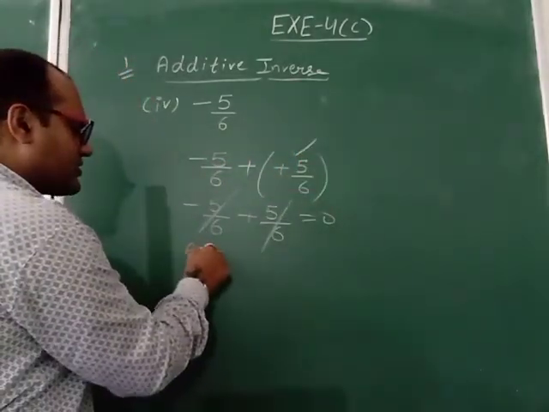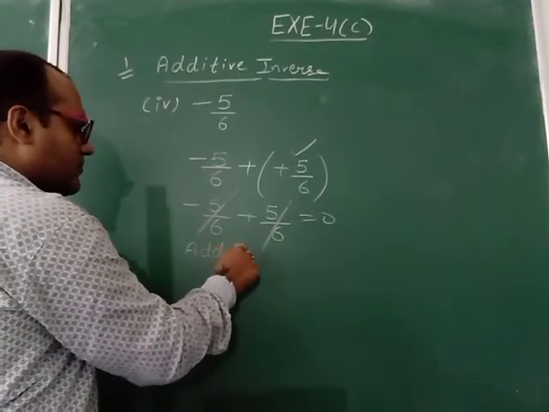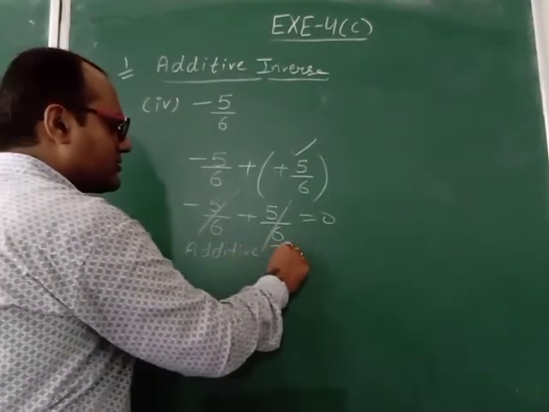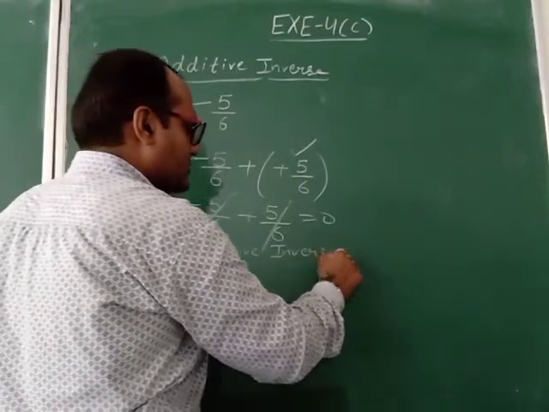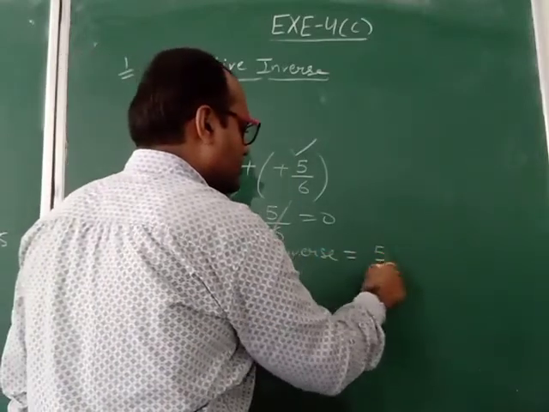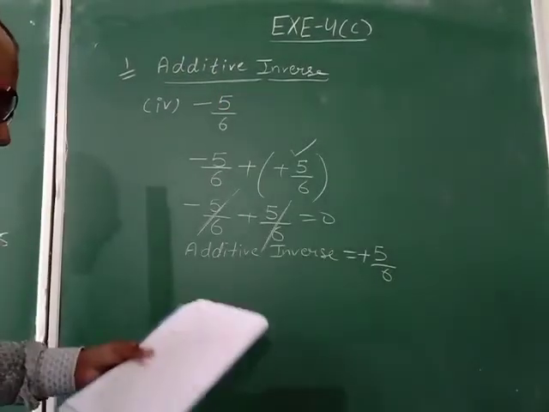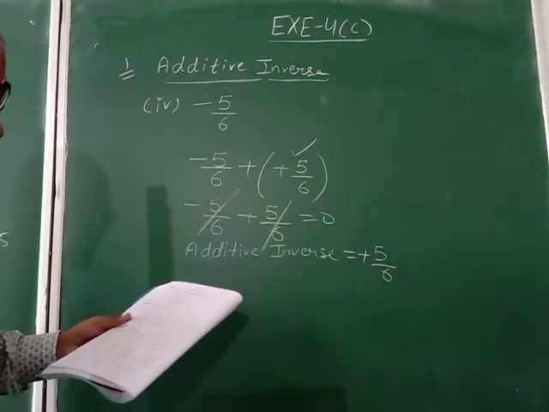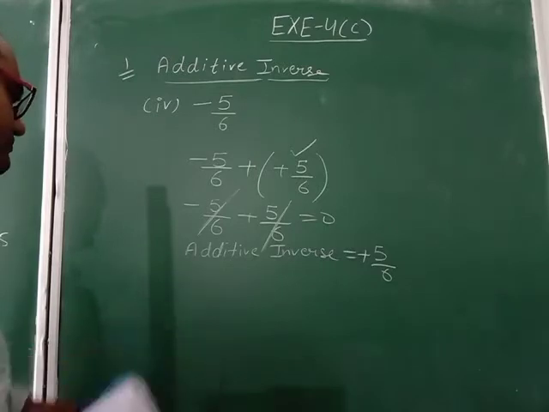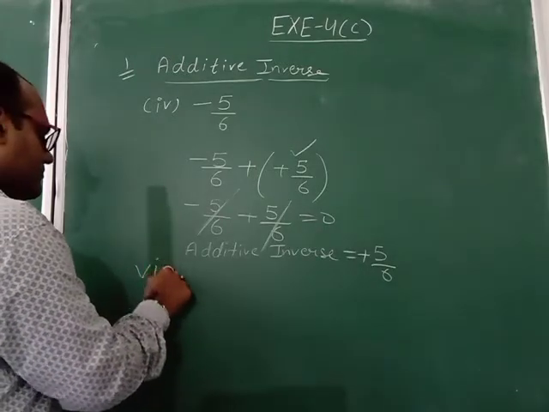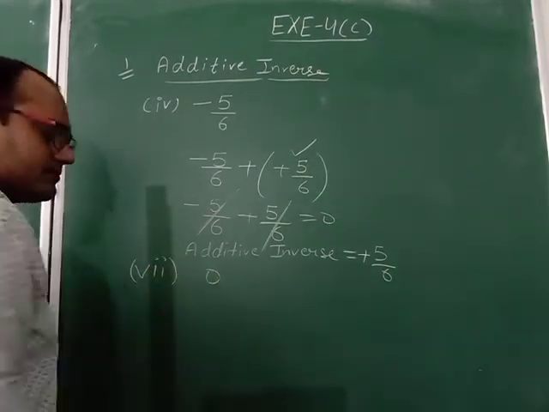In this question, we added the number plus 5 upon 6, so the additive inverse is positive 5 upon 6. Now see another part, number 7. 0 is given.